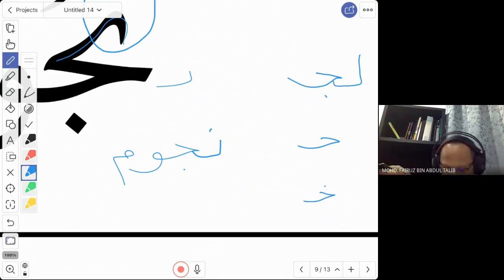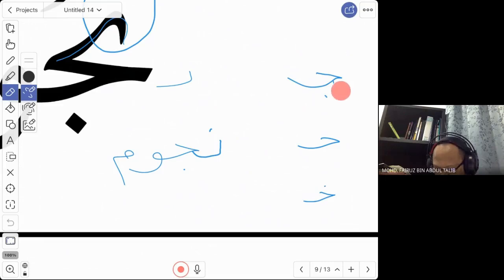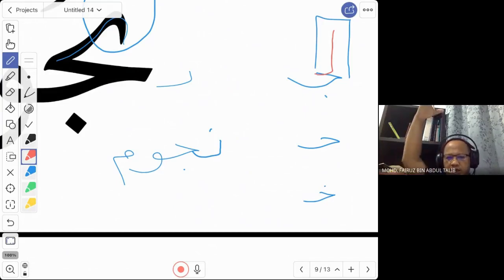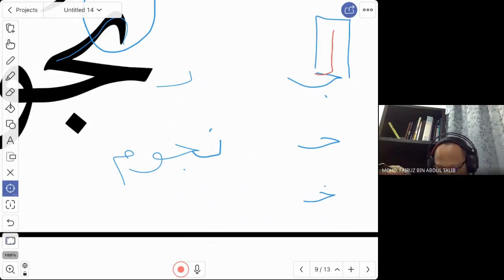But it is also possible to put that letter above the letter jim. So in this case, the lam is put here. That is why the letter is now above the letter jim. So you read this as the first letter, jim, lam, and then jim.